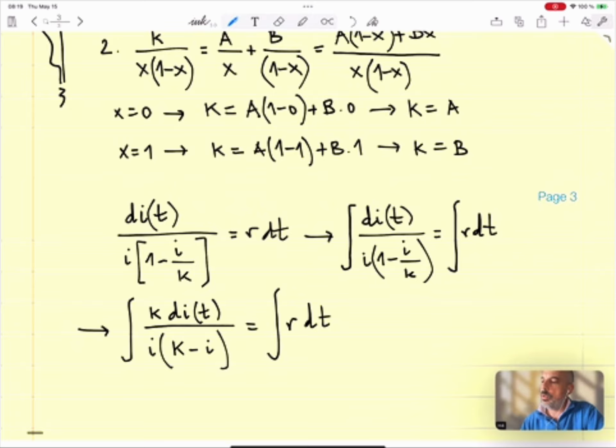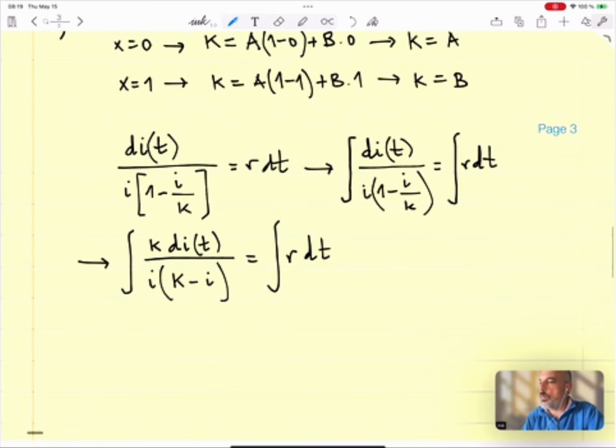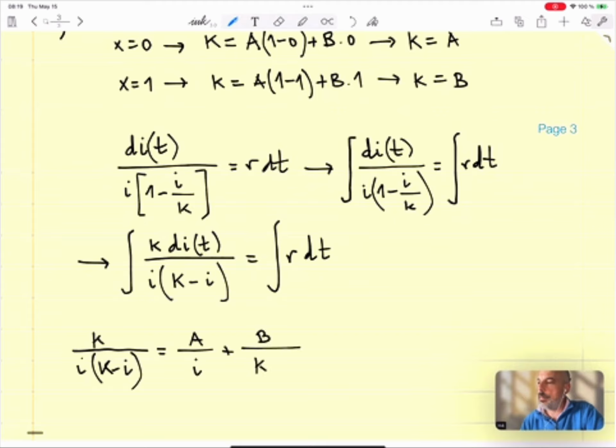So we want to break this down. When we say k divided by I(k minus I), this equals a divided by I plus b divided by (k minus I). This equals (a(k minus I) plus bI) divided by I(k minus I).